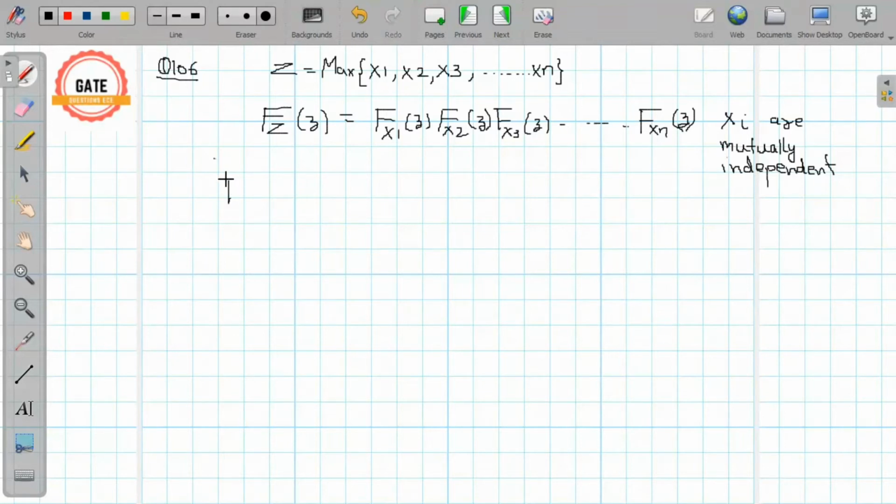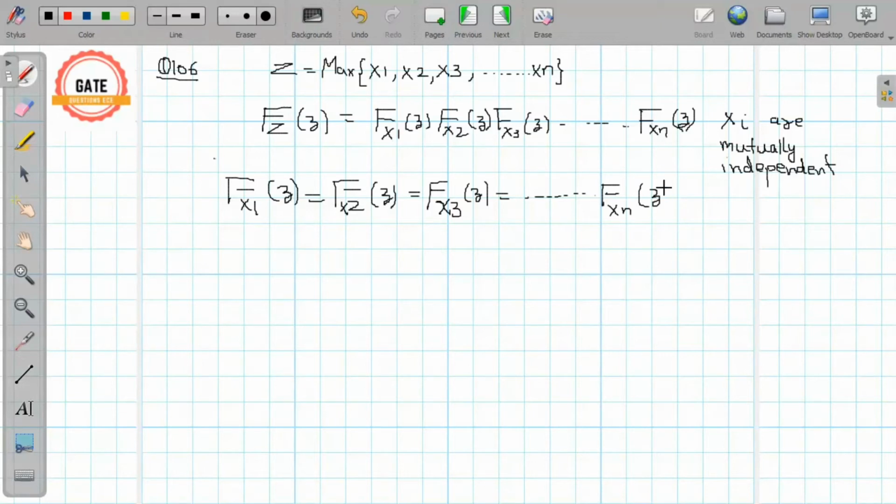So we can write that F_X1 of z will be equal to F_X2 of z, equal to F_X3 of z, and all these CDFs will be equal up to F_Xn of z when these random variables are identically distributed.